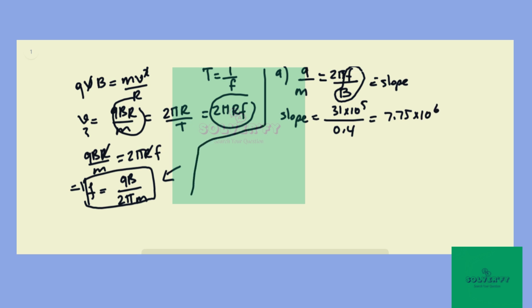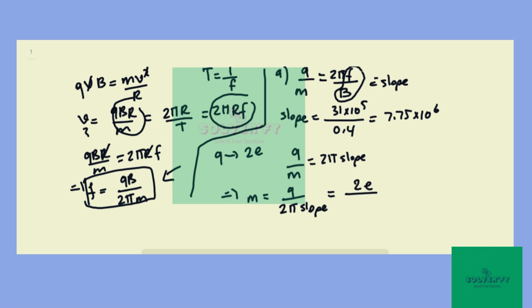Again, going back to the problem, we are actually asked to calculate the mass of an alpha particle. Given that q is 2e, let's rewrite it: q over m is 2 pi slope, then m is going to be q over 2 pi slope, then q is 2e, so the 2's are going to cancel.